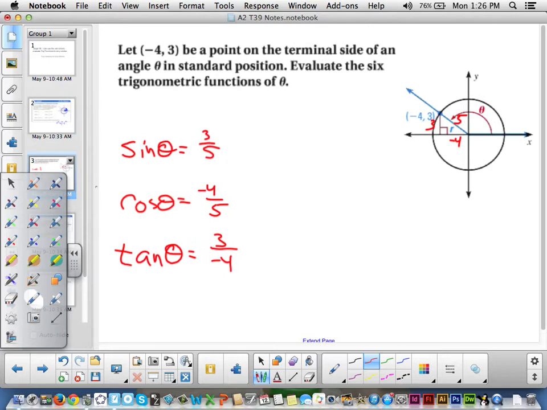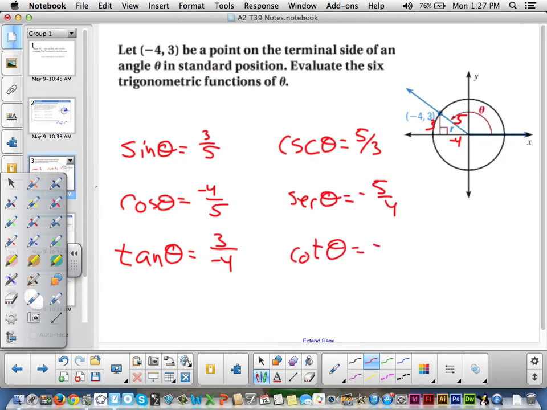The other three trig functions, quite simply, we flip the first three. So cosecant would be 5/3, secant would be negative 5/4, and cotangent would be negative 4/3. So those are your 6 main trig functions.